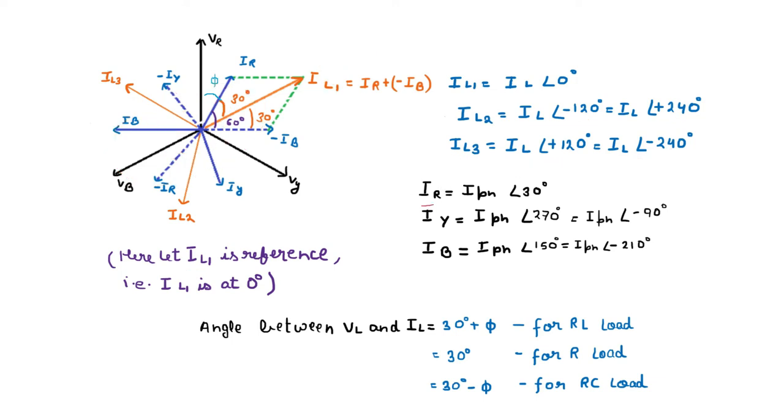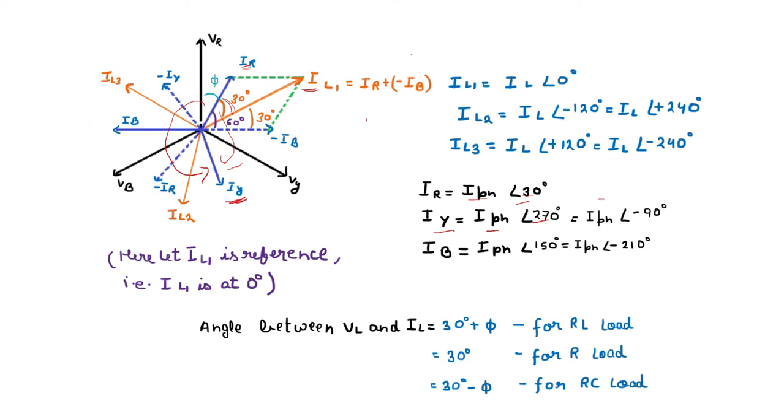Now, what is IR? IR is the phase current, and you know that the angle between this IR and IL1 is 30 degrees. Therefore, IR is I phase angle 30 degrees. Then what is IY? IY is minus 120 degrees from IR or plus 240 degrees from IR. So if we add plus 240 degrees, then we get IY equal to I phase angle plus 270.